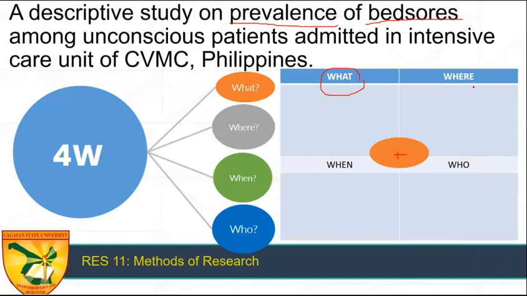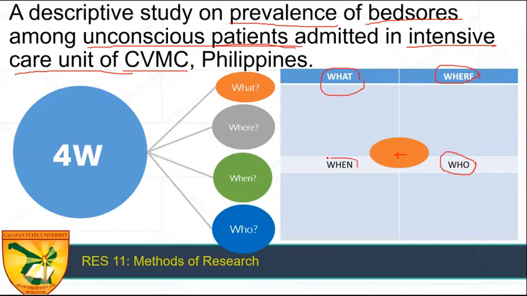Next is where. This is easy. We cannot say only CBMC Philippines, but specifically the intensive care unit of CBMC. For who, this is also easy. We don't say just patients, but unconscious patients.